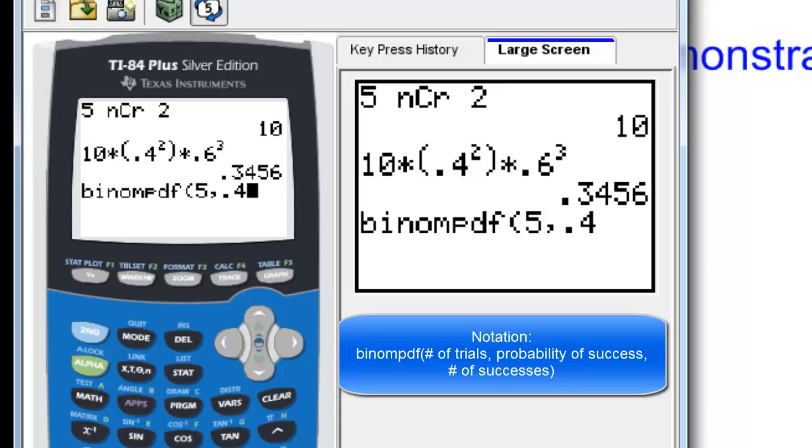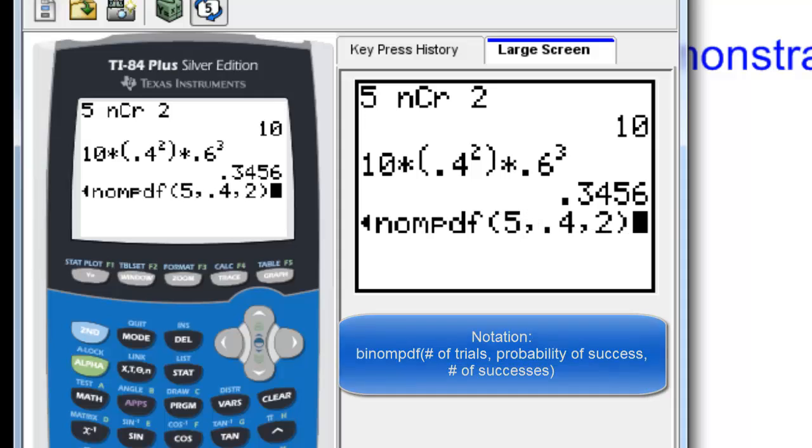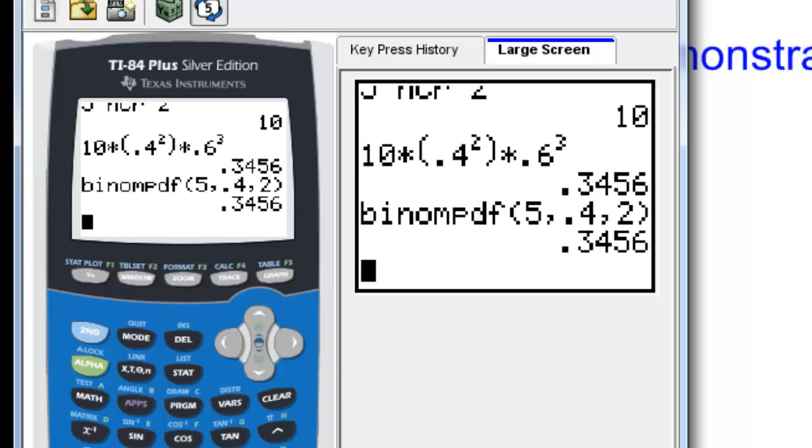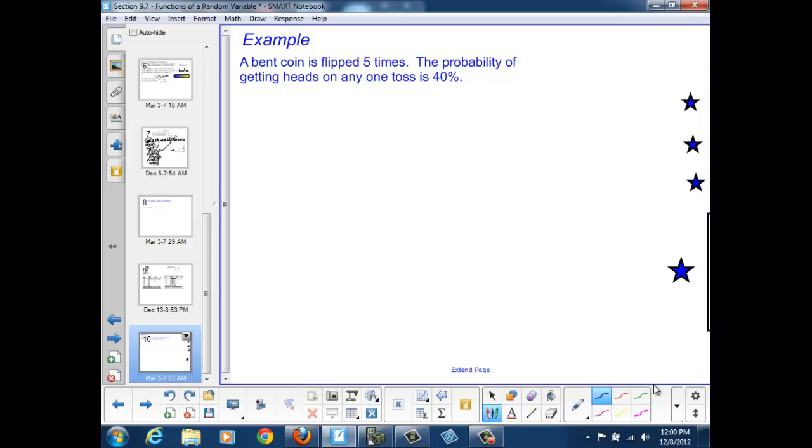And then another comma, and then the number of successes we're trying to calculate, so in this case, 2. If I close my parentheses and hit enter, I get the same value I did by typing in the formula manually.